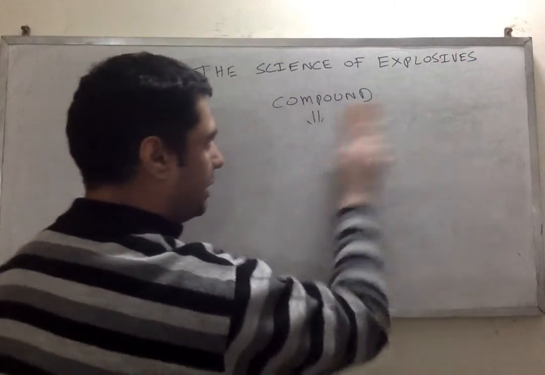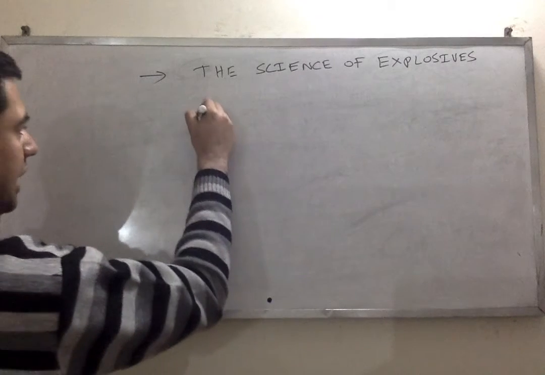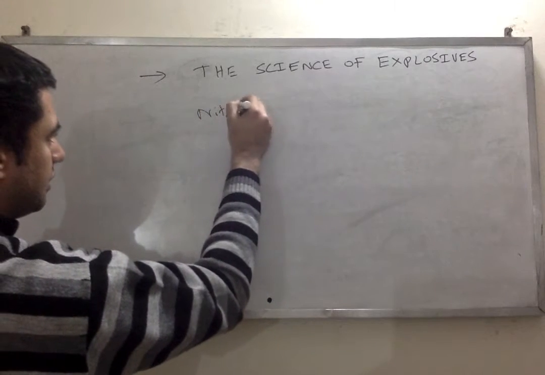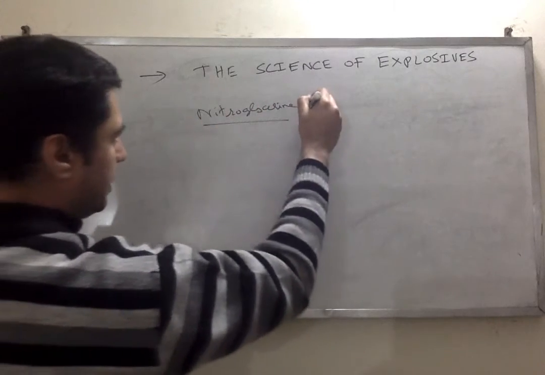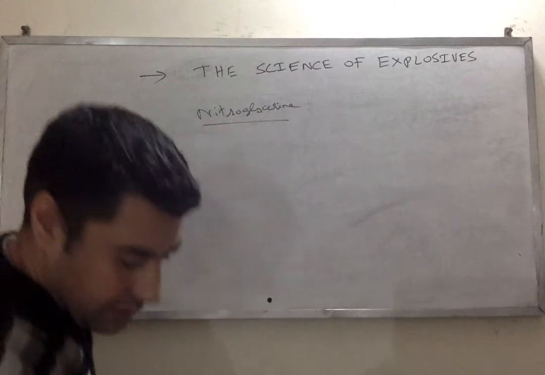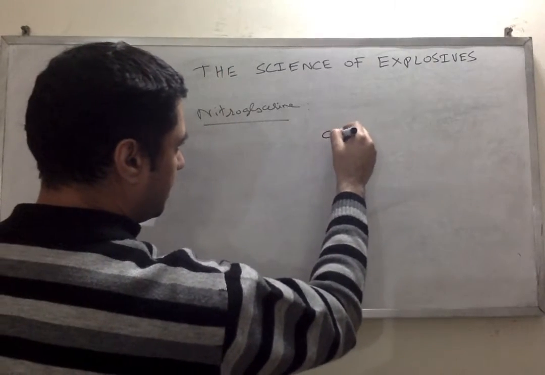The first example in this list is the famous compound nitroglycerine, which is actually an ester of glycerine and nitric acid and has the following structural formula.